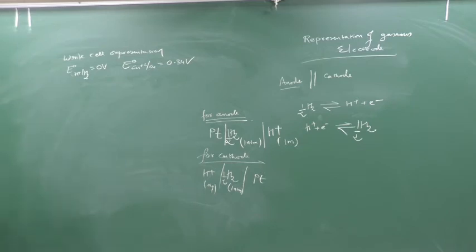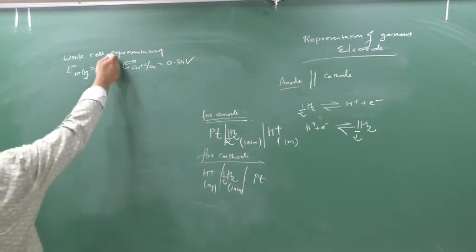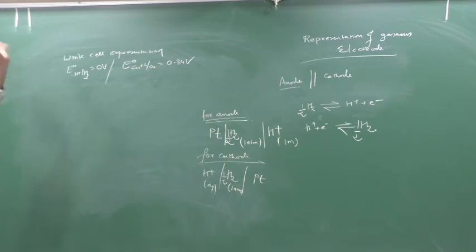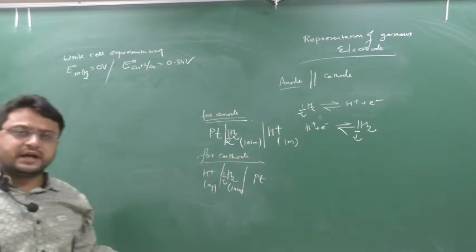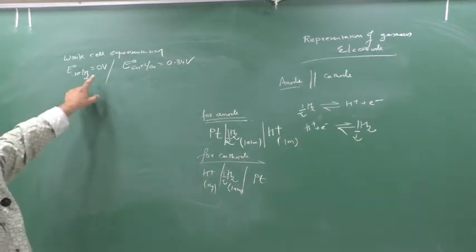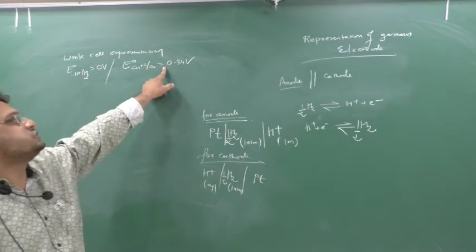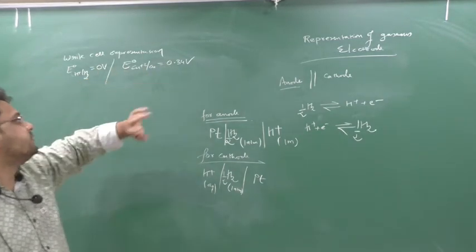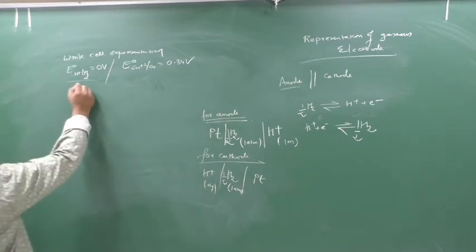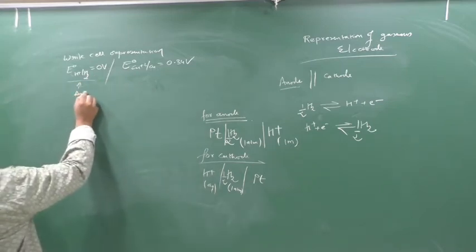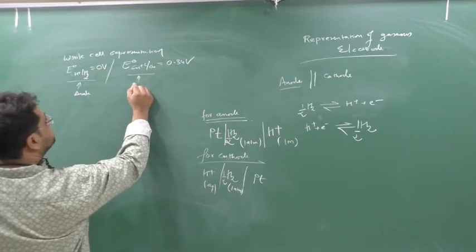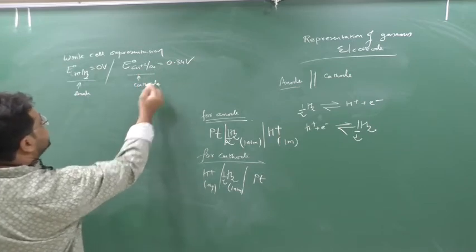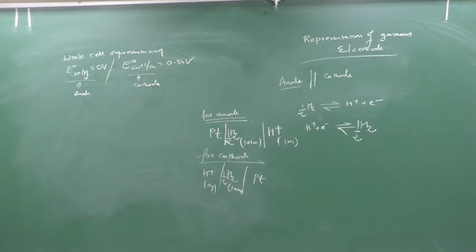Now see, for the cell representation, first you have to decide which is less. The less portion is anode and the more portion is cathode. When there is no sign, it is considered plus, so this is 0 and this is 0.34. This is less, so this will act as anode and this will act as cathode. Anode undergoes oxidation and cathode undergoes reduction.